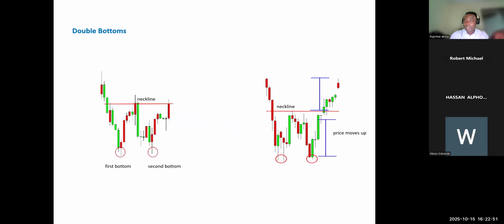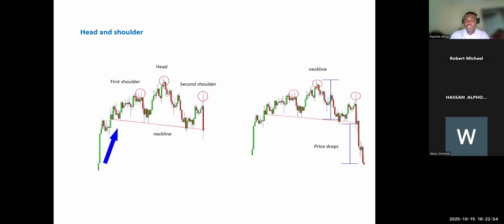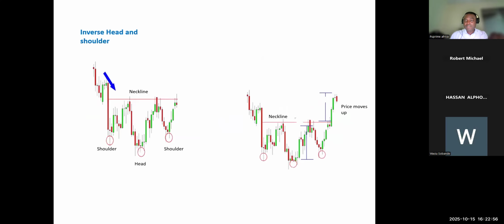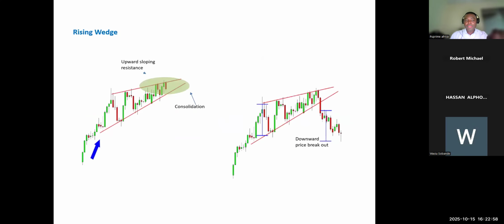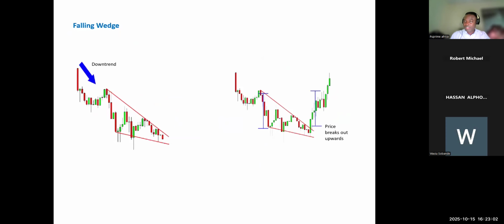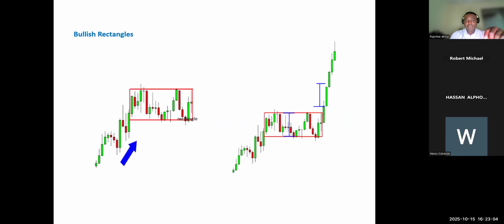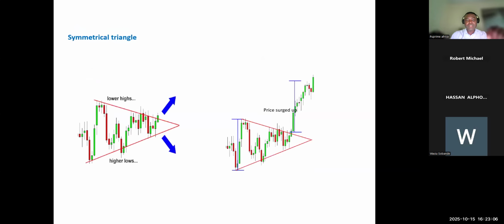Double bottom is a buy. Head and shoulder is to sell. Inverse head and shoulder is to buy. Rising wedge is to sell. Falling wedge is for a buy signal. And finally, the symmetrical triangle could either be a buy or a sell, depending on where the breakout happens.